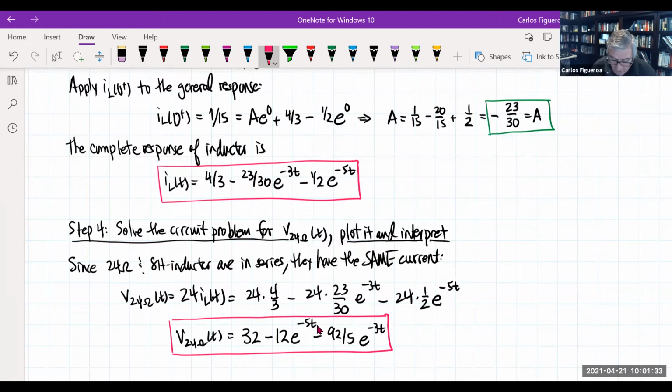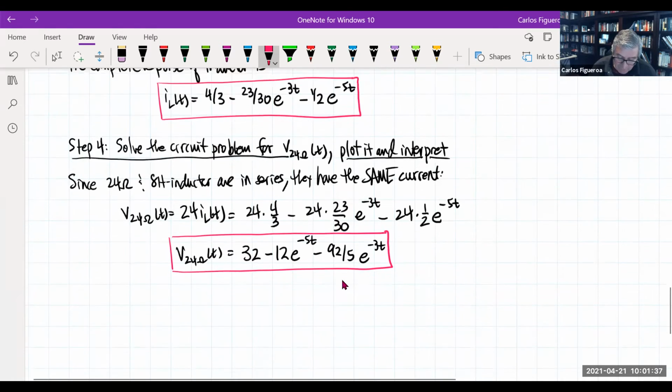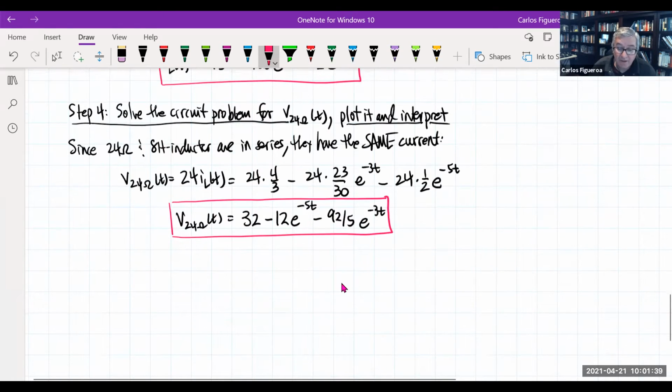So now we want to go plot this. Assuming that our solution is correct, the first thing I would look at is what this is at t equals 0.